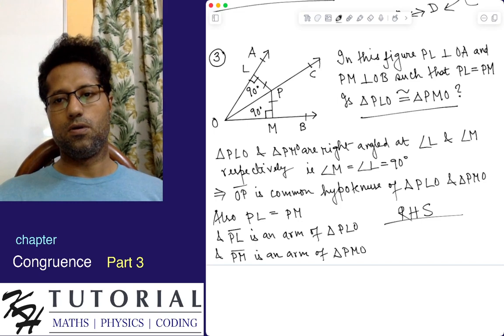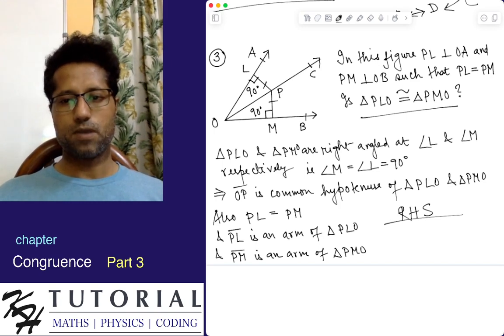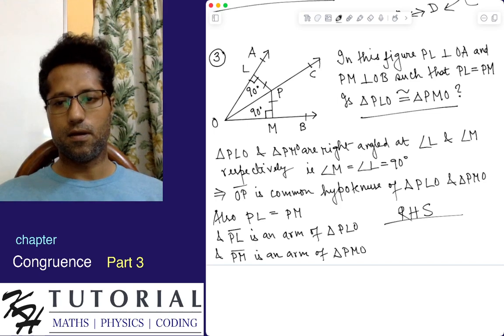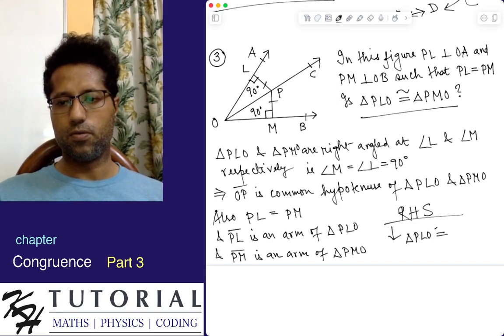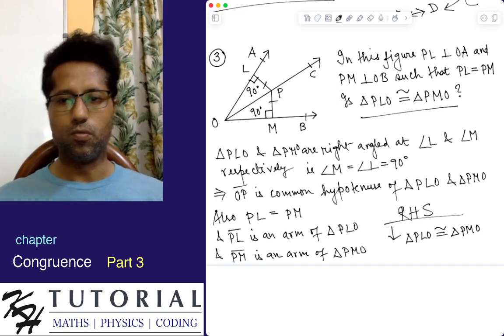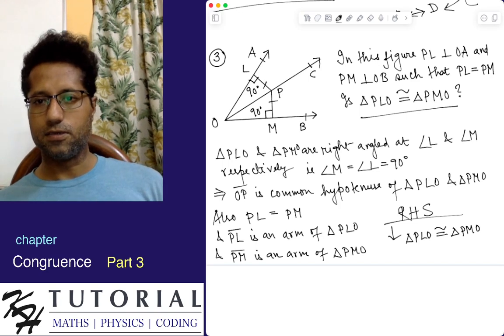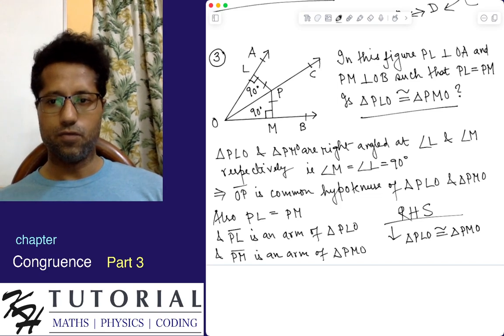Hence these triangles are congruent. Using the RHS congruence condition, we can say that triangle PLO is congruent to triangle PMO. Now, let me check if the naming of the triangles is correct in the congruence relation.